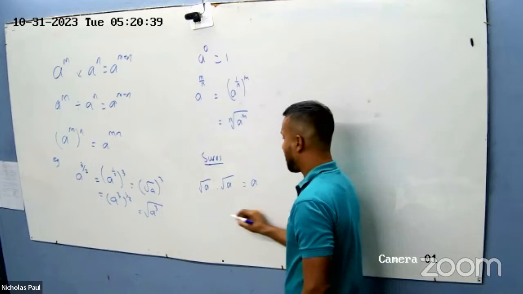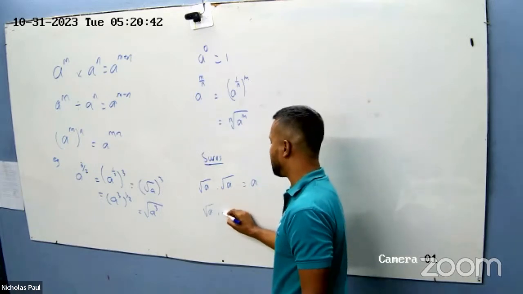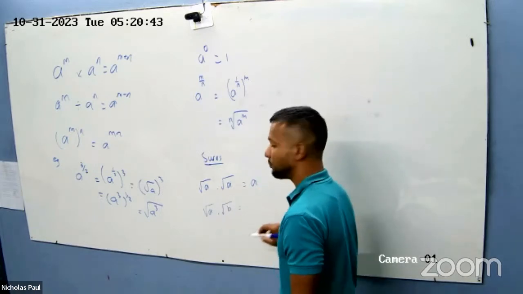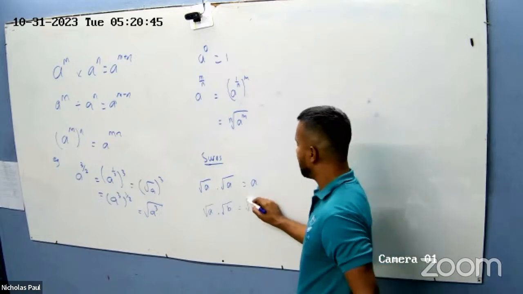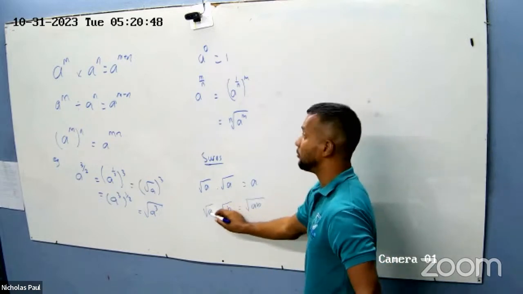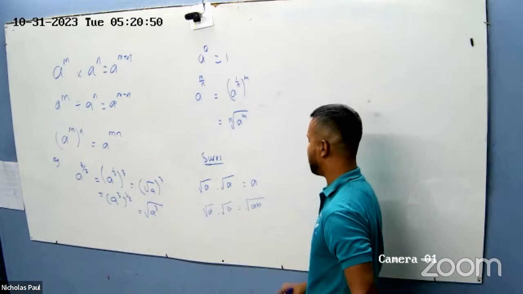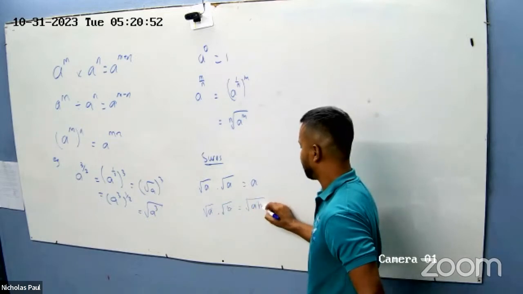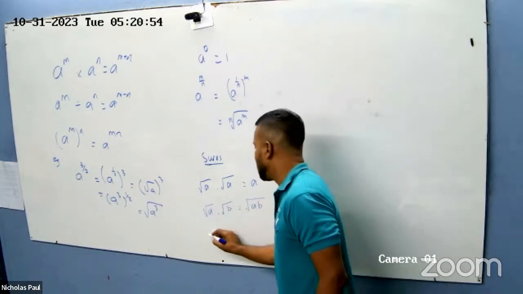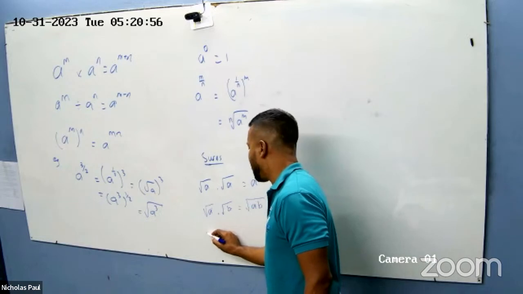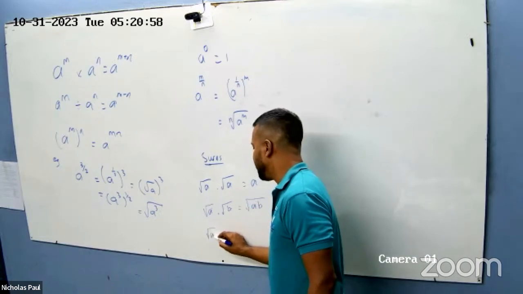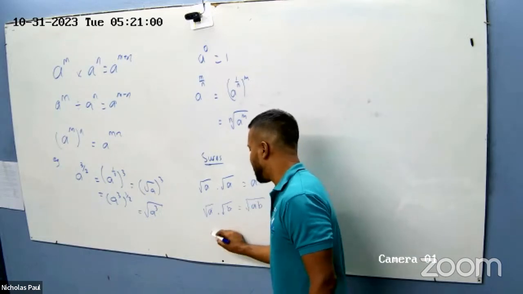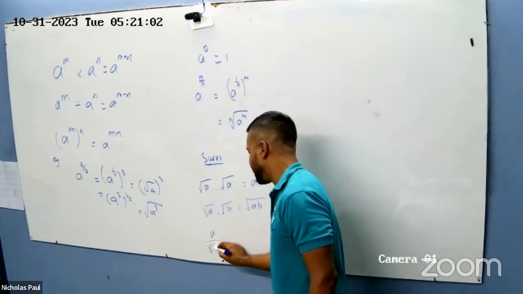What about if you had root a multiplied by root b? That will be root ab. You can root the whole thing and multiply the a by the b. Next thing we need to remember: suppose I gave you a over root a.